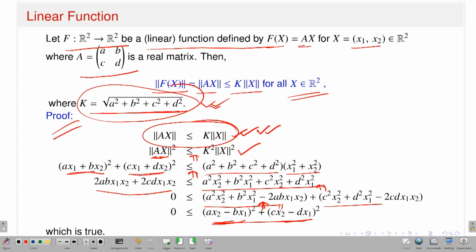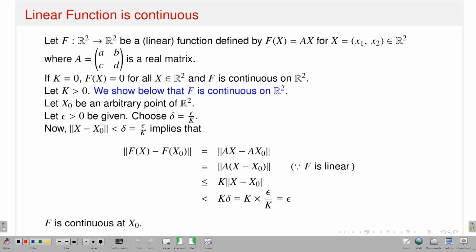Therefore, if I start with a 2 cross 2 matrix and define a map from R2 to R2 where the action of f at the point x is nothing but Ax, then the first observation is that the norm of Fx is dominated by k times norm x, where k is a fixed constant, which is nothing but the square root of the sum of the squares of the elements of the matrix A. Once I have this estimate, then using the linearity of the map capital F, I can conclude that capital F is a continuous function. Okay.